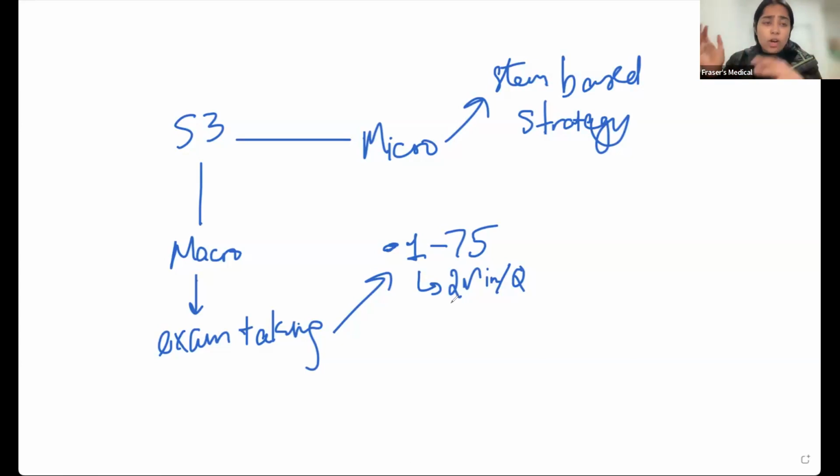And let go of that perfectionistic mindset that you're going to get everything right. If anything you take away from today, please take away the fact that you cannot get 75 out of 75. I don't think anyone has. Even the people who score 100 in section 3 get roughly 60 to 65 out of 75 or something like that.